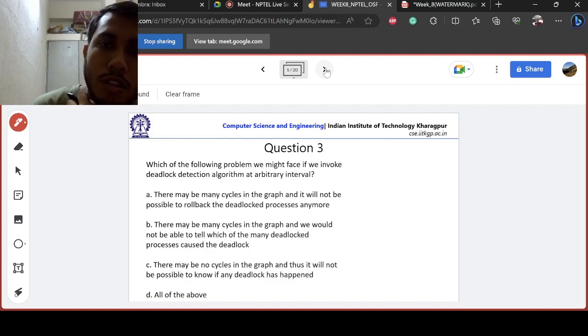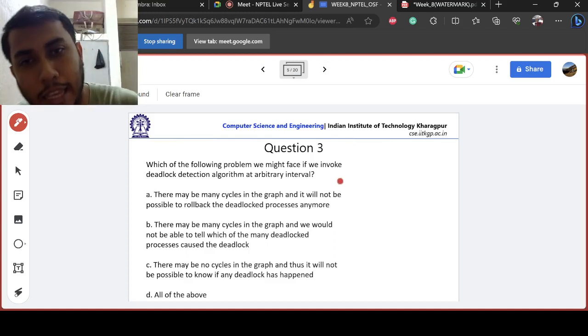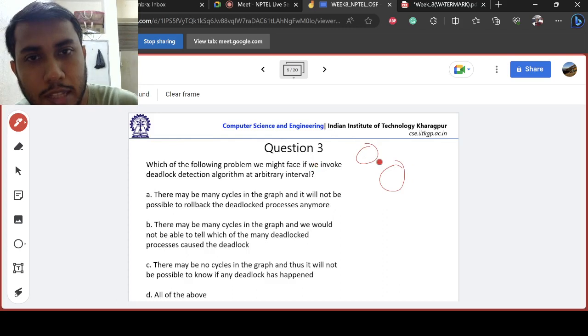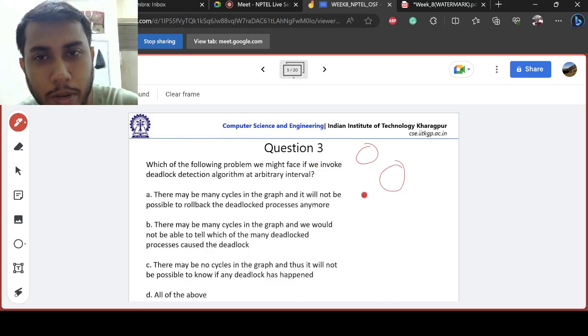Yes, if we invoke the deadlock detection algorithm at arbitrary intervals, there may be more than one cycle in the graph. There is not only one cycle. So it will not be possible to do the rollback anymore.